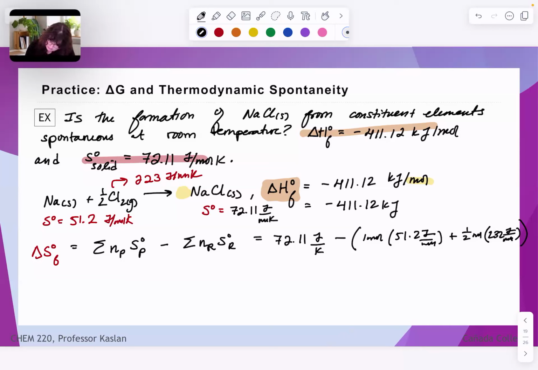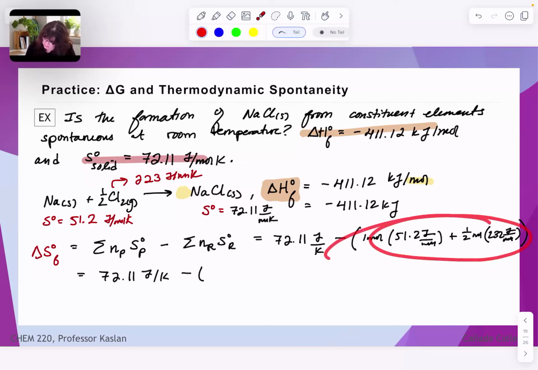All right, our delta S of the formation of this solid at standard conditions, grabbing a calculator, is going to be 72.11 joules per Kelvin minus the sum of this here. So that's 51.2 joules plus 0.5 times 232.